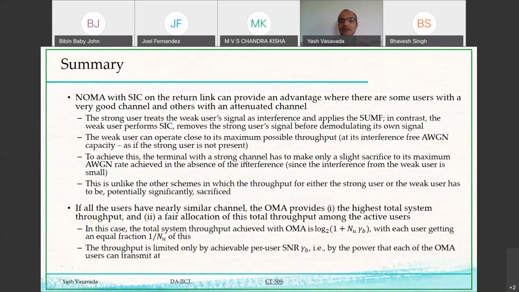Whereas the strong user has to give up only a little bit on the data that it can achieve. The reason it has to give up only a little bit is specifically because the other user is weak. And so even when the strong user doesn't do SIC on the weak user, it doesn't lose much, because the weaker user obviously cannot interfere much with the strong user.